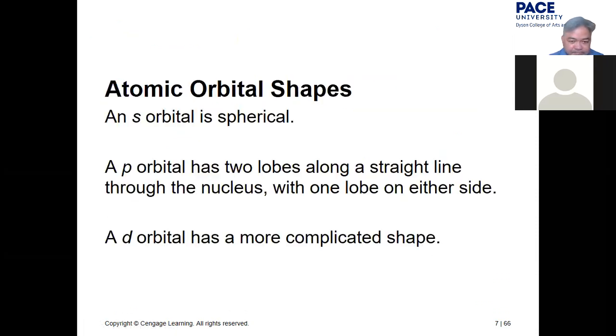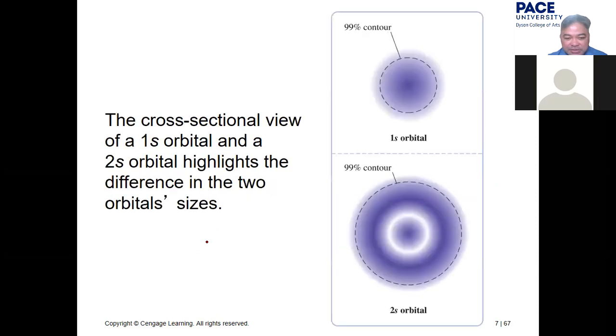Okay? Now, as I've told you, the shape, although we jumped it already: an s orbital is spherical. A p orbital has two lobes along a straight line through the nucleus with one lobe on either side. That's why I say sphere, peanut, okay? And then a d orbital has more complicated shapes.